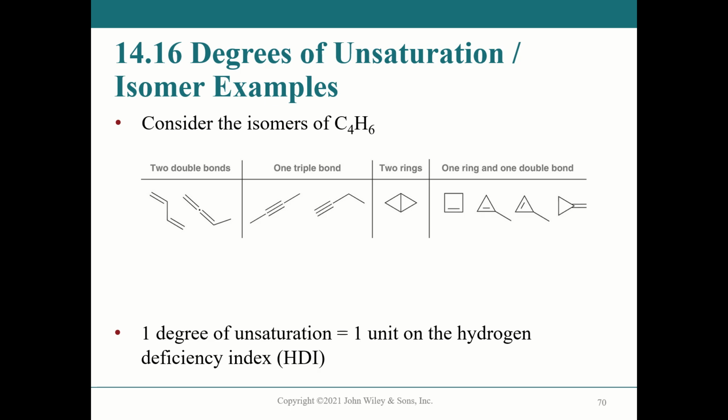But the key here is, for C4H6, that formula has 2 degrees of unsaturation, which means you have multiple options to look for. It could be the result of 2 double bonds in your system, and those may be spaced apart, they may be conjugated, or they may be connected to the same carbon.